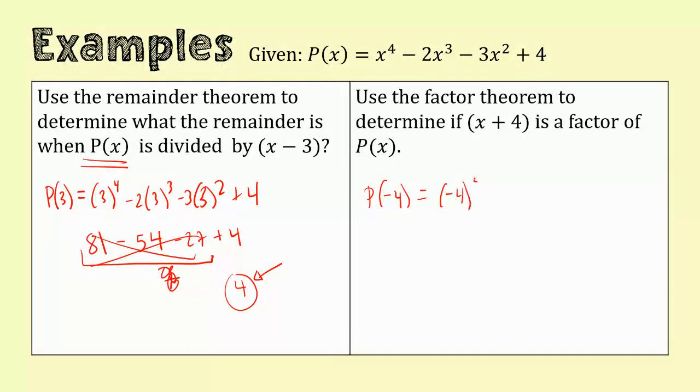So negative 4 to the 4th. This is a test of my mental math here again. Minus 3 times negative 4. My quick mental math, I guess is a better way to say it.